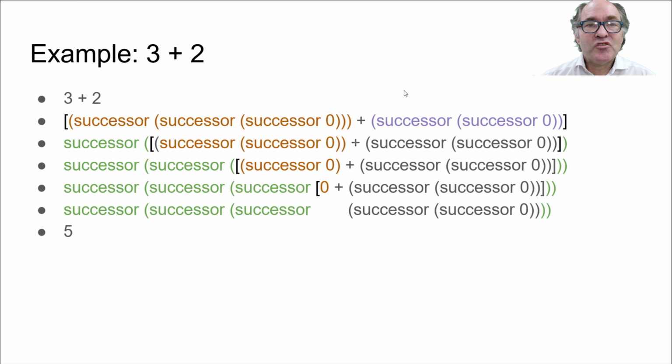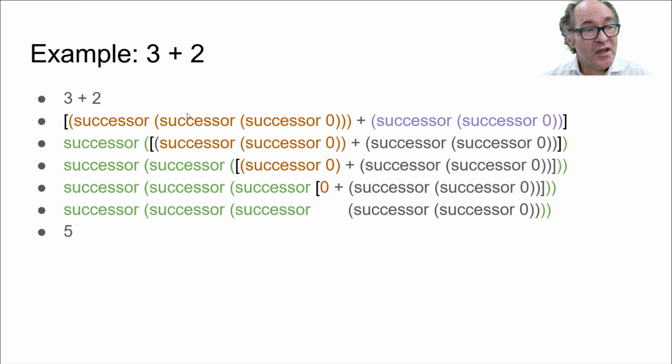So let's do case analysis on the first argument. Is the first argument 0? No, it's the successor of something, and the something is the successor of 0. In other words, the first argument is the successor of 2.